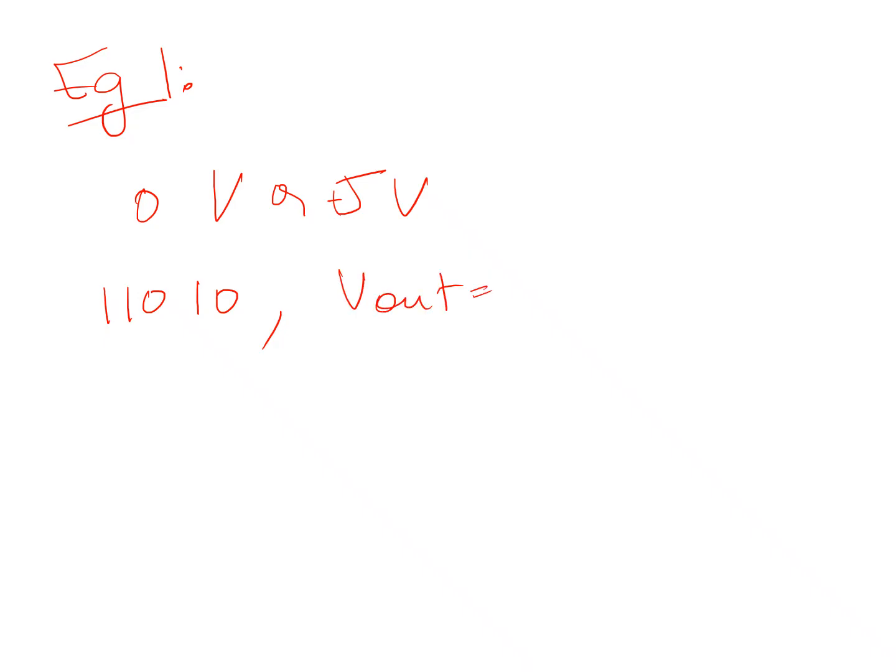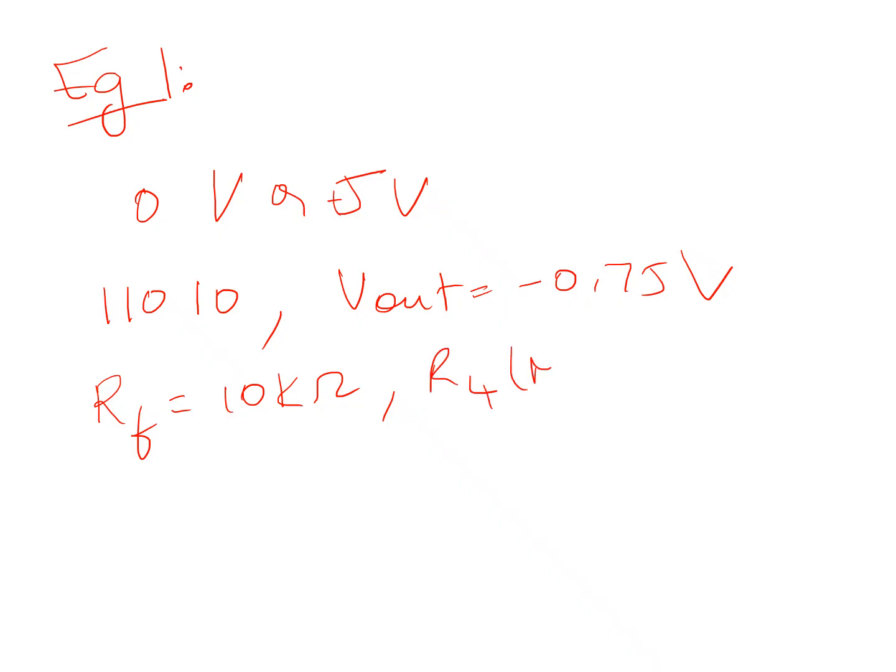So these are the questions we will be solving now, and the given data is RF equal to 10 kilo ohm, R4 is the MSB, 25 kilo ohm. This is the data given. We'll try to solve it.